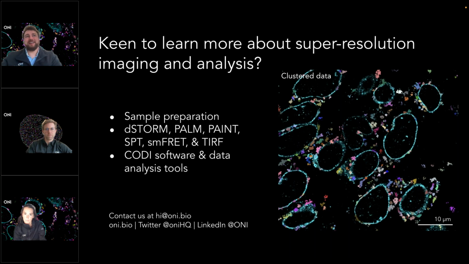Now, when you run the analysis, because that's all running in the cloud, that analysis will run on your full data set, no matter how large it is. The larger the data set, usually the longer the analysis will take, just because there are more clusters to find or more localizations to measure the distance between if you're running clustering, for example.